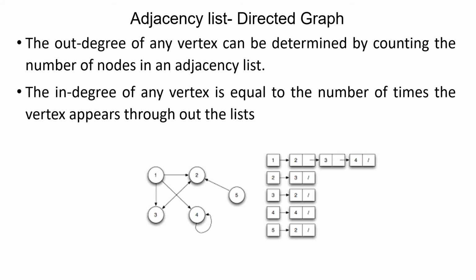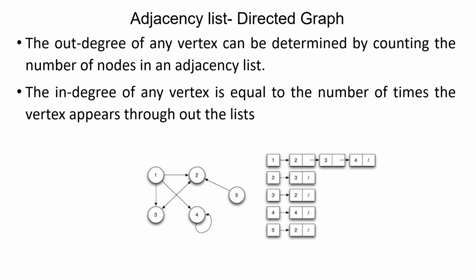In the adjacency list representation of a directed graph, the out degree of a vertex can be determined by counting the number of nodes in its adjacency list. The in degree of a vertex is equal to the number of times the node appears in all the adjacency lists.